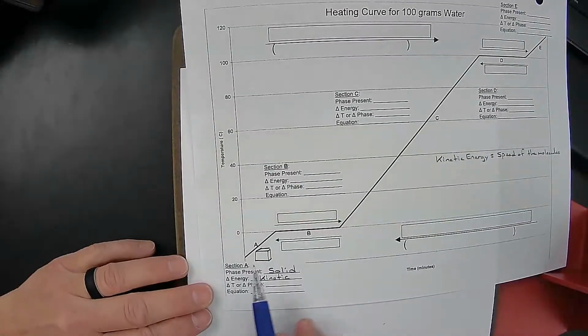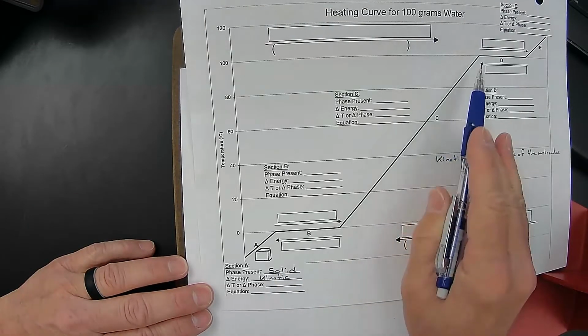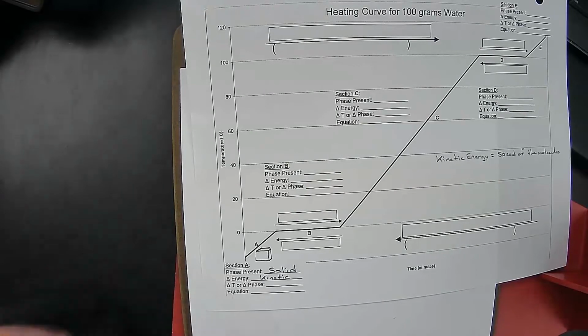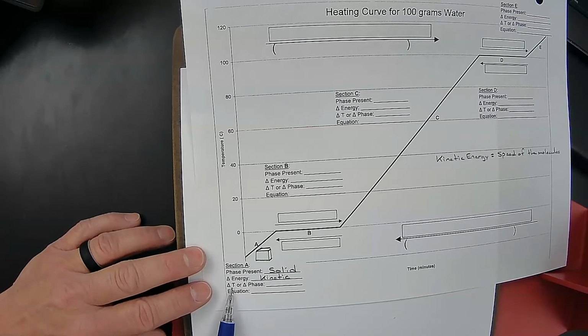So you can think of the idea is the higher the speed of the molecules, the more kinetic energy it has. And in each one of these sections, section A, B, C, D, and E, we will either be having a change in temperature. This triangle stands for a change, or delta. And so we're either going to have a change in temperature or a change in phase.